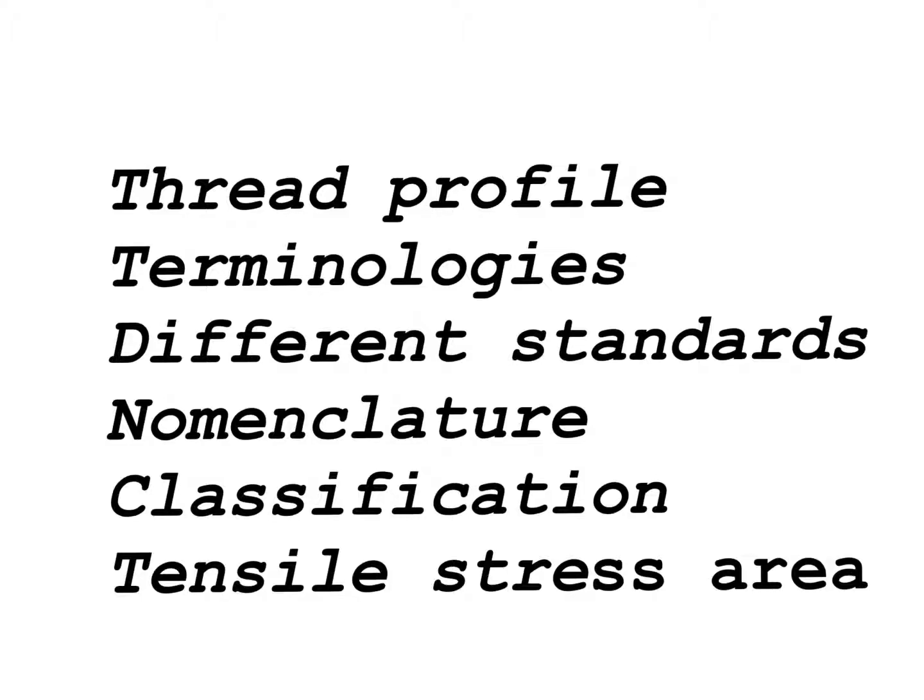Then we went ahead and talked about different thread standards like the unified standard, then the ISO standard. Subsequently, we also talked about how, according to each of these standards, we can give a particular nomenclature to a screw thread which is having a certain nominal diameter and a certain pitch.